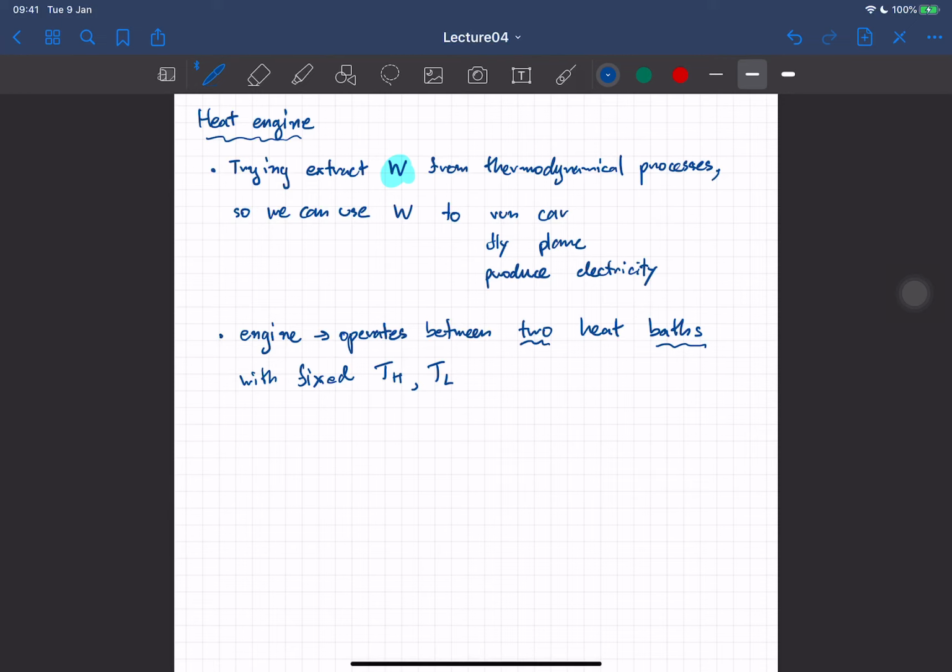The only thing that this means is that if you want to extract work from a gas through a thermodynamical process, then you have to have somewhere to dump the heat, and you have to have somewhere to put in the heat, and that's what we mean by two heat baths. So the high temperature is the part where you can extract heat from, and the low temperature is where you can dump away heat from your system.